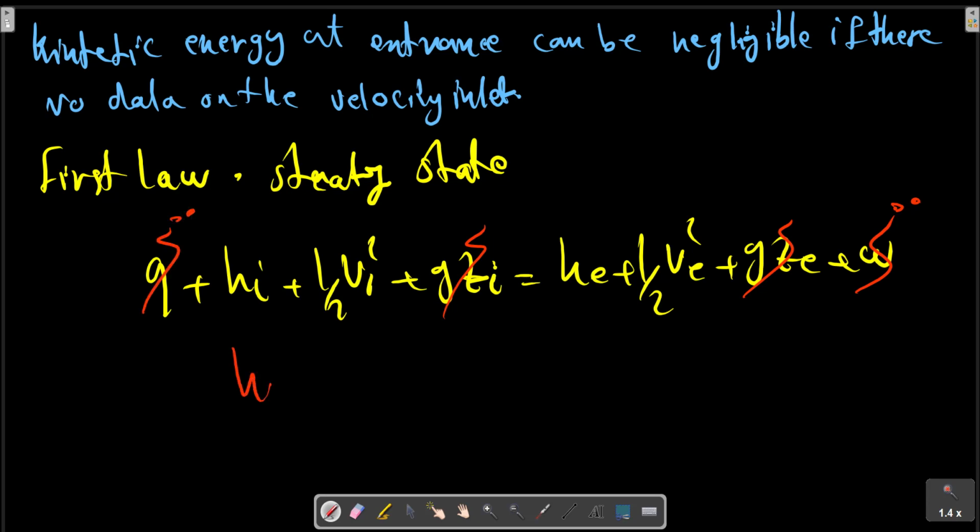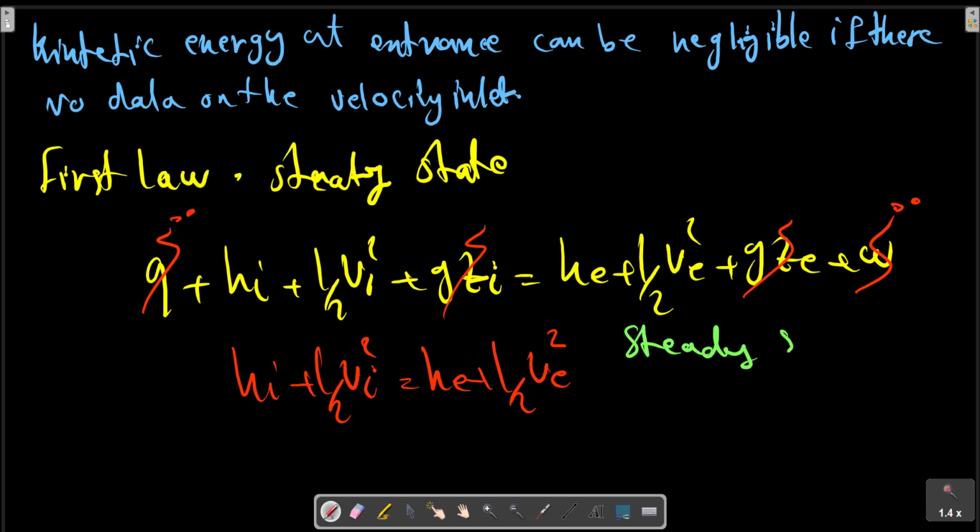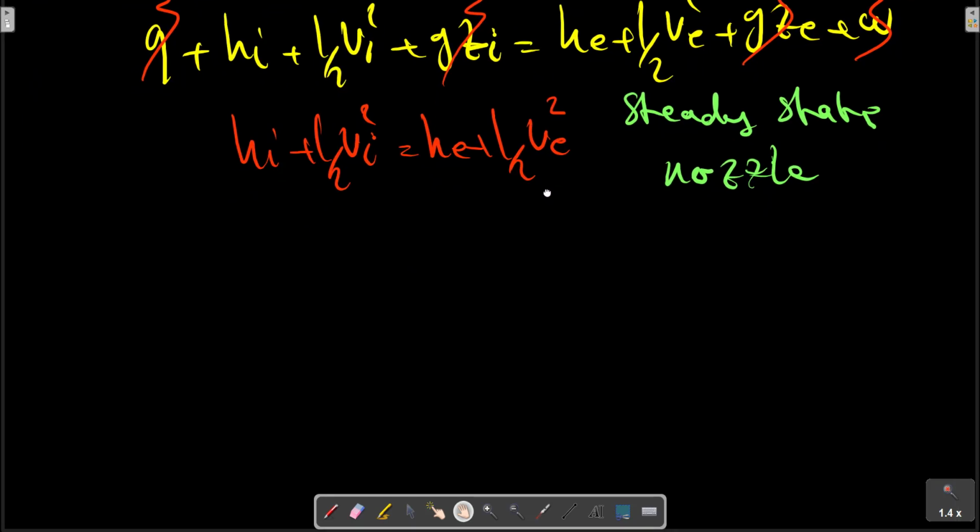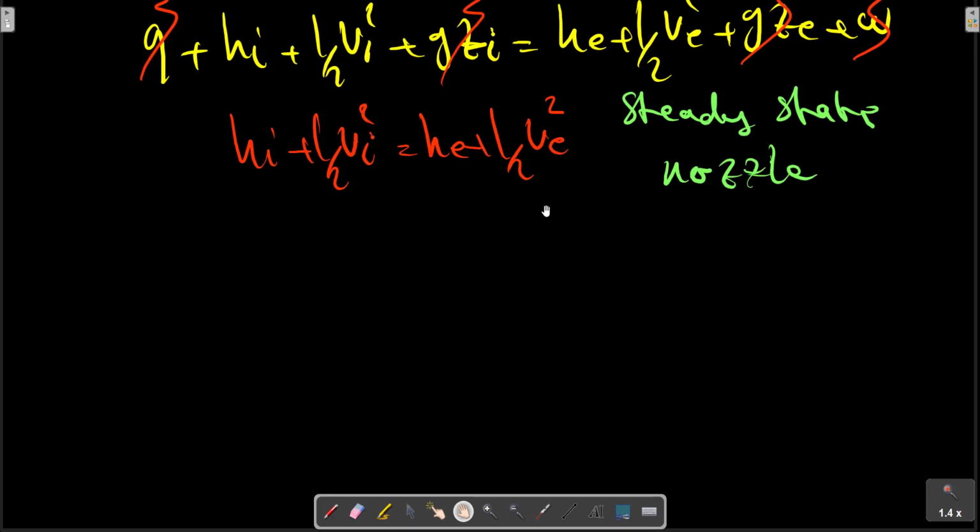So we have this relation for the steady state nozzle. This is the end of this section.